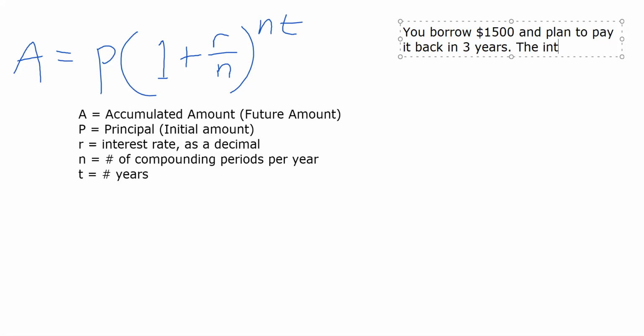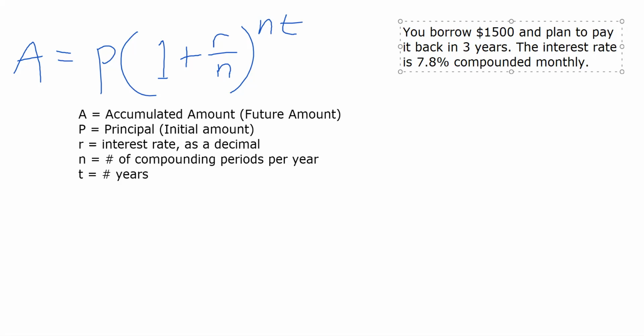Now, the interest rate is 7.8 percent compounded monthly. How much will you owe? So you're borrowing $1,500. Now, while you have that money in your possession, it's slowly growing and it's becoming more that you're going to have to pay back later.